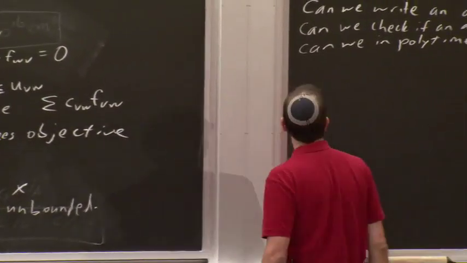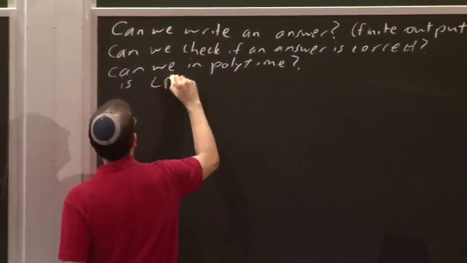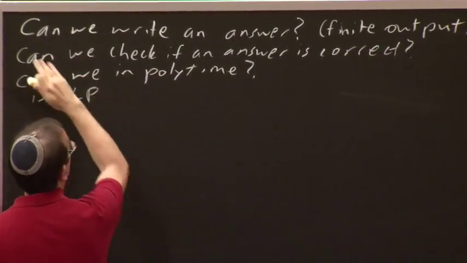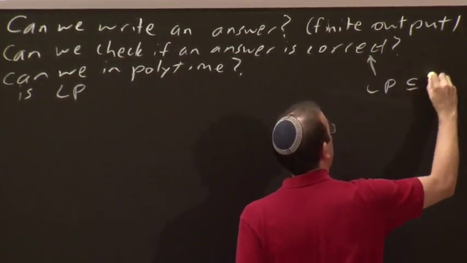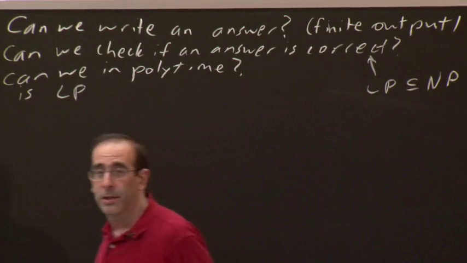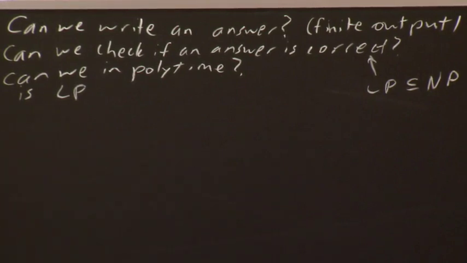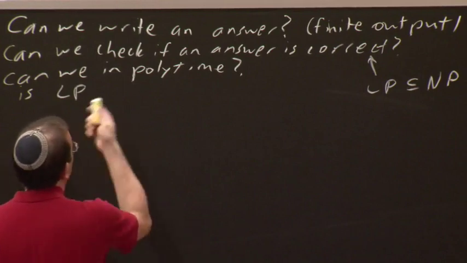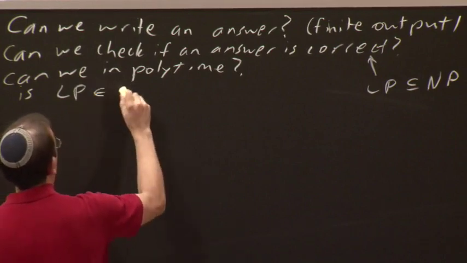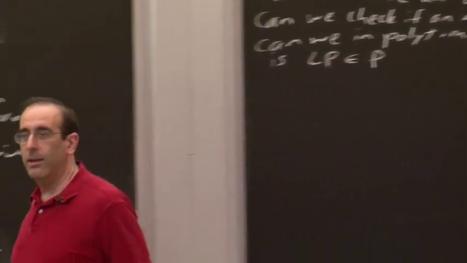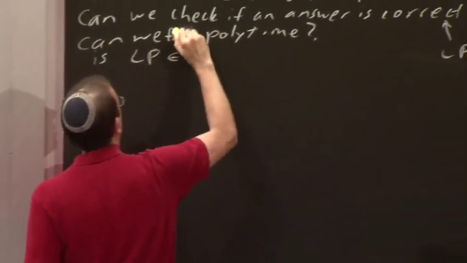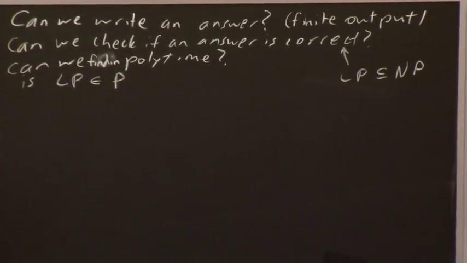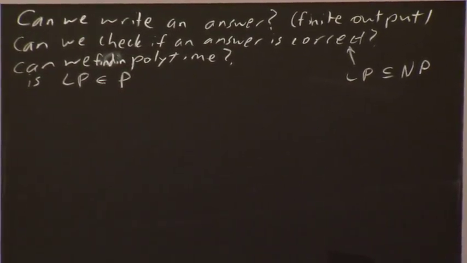In other words, this question, can we check if it is correct, is asking, is LP contained in NP? Or, if there is an answer, can we find it in polynomial time?